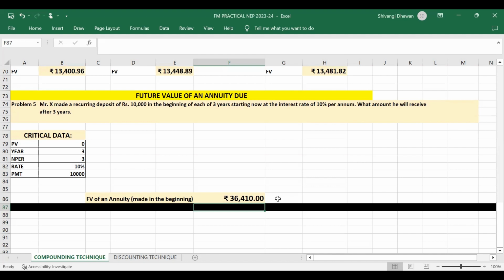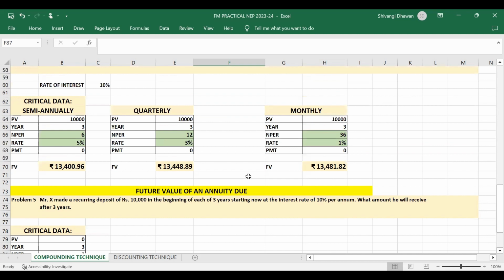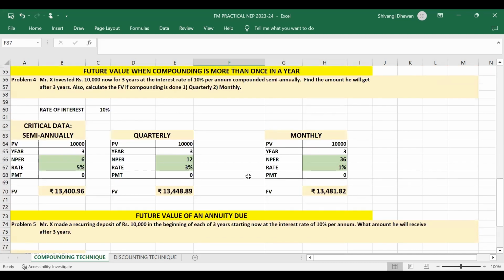I hope this is very clear to you. Now, the last case in the compounding technique is the calculation of future value when compounding is done more than once in a year. Till now we have discussed questions where compounding was in the annual mode.